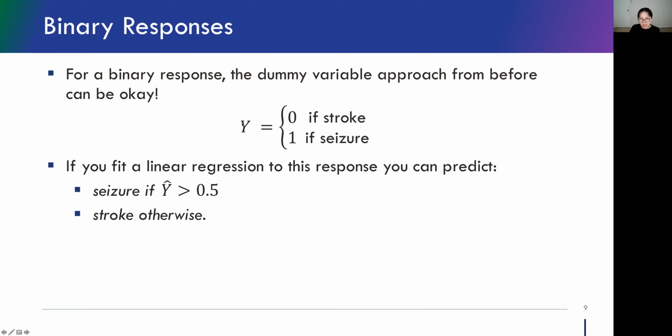Then you fit a linear regression model to this response y, and you can predict: if y hat, the predicted y, is greater than 0.5, you would say it's a seizure. Otherwise, it will be a stroke. This 0.5 is just a commonly used cutoff. You can always use a lower or higher number depending on if you are more conservative.